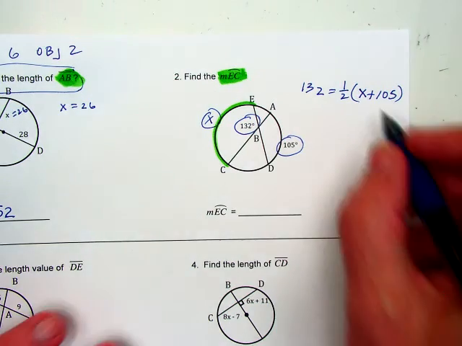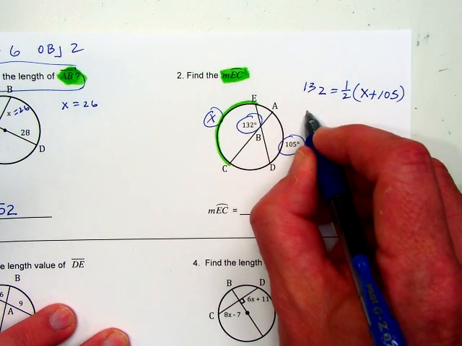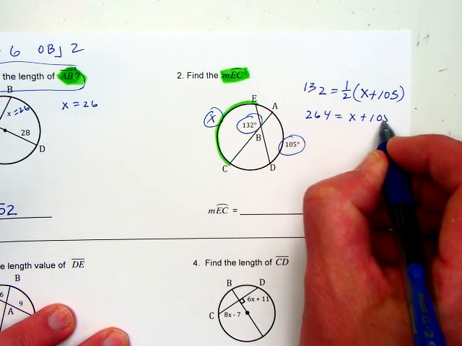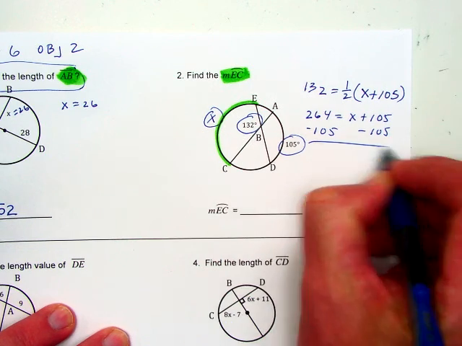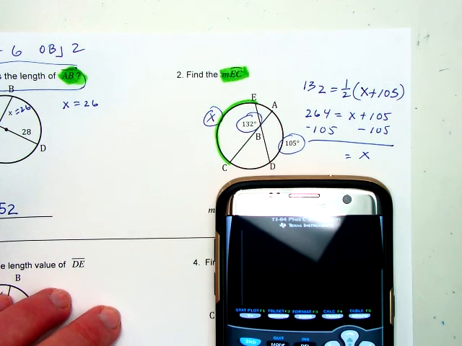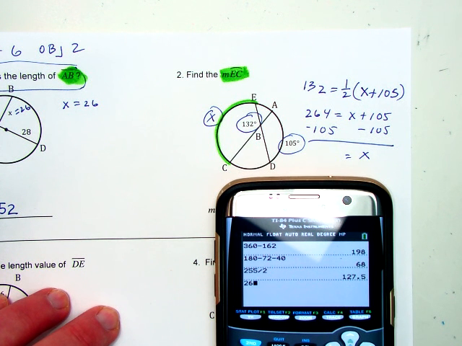I think the easy way we did it was to undo this, so I'm going to double this side, and I get 264 is equal to x plus 105. I'm going to subtract 105 from both sides. All right, so it's going to be 264 minus 105 gives me 159.